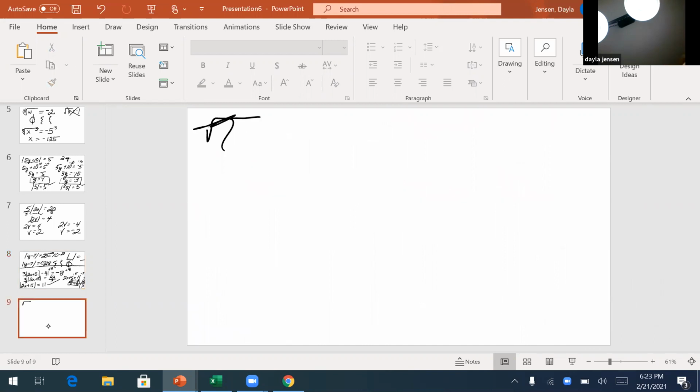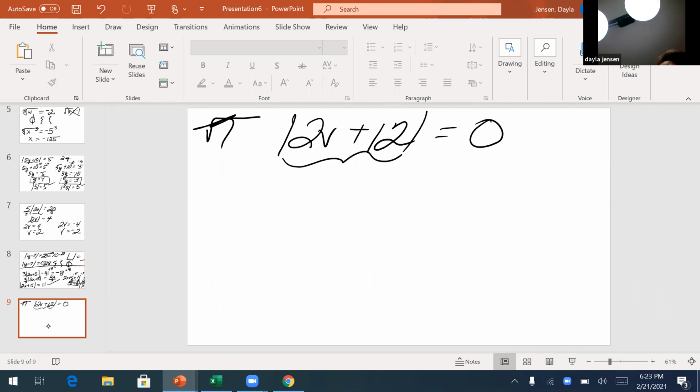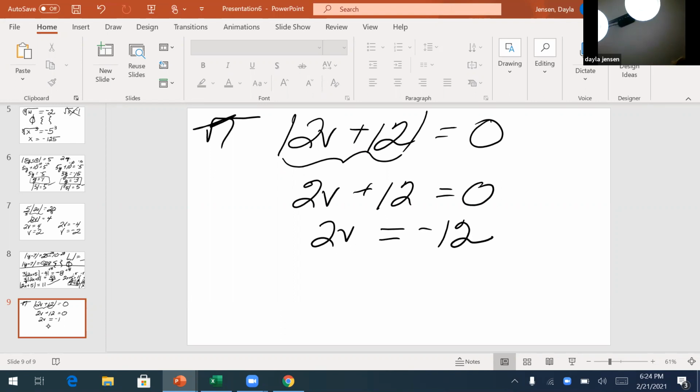What about this one? This one's an easy one compared to those. What this says is, whatever is in that equation, and I take the absolute value of it, I'm going to get 0. Well, I know there isn't such a thing as a positive 0 and a negative 0. So this one is actually only going to have one answer. I can just get rid of the absolute value sign. So 2v equals negative 12.